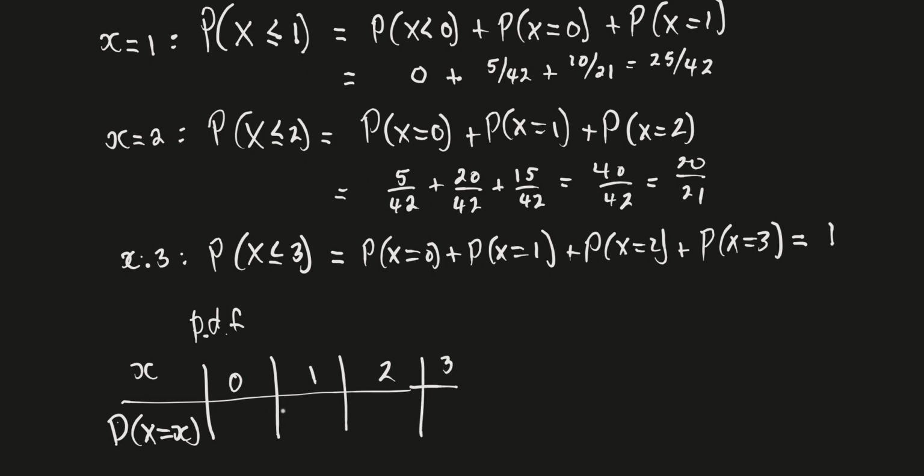And we got 5 out of 42, 10 out of 21, and I apologize if tonight you're going to dream about these numbers because we're seeing them so many times, but you could dream about a lot worse things than numbers. And here's a CDF. Again, we can also put it in the form of a table. All we would have to do is make sure that we change that equal sign to a less than or equal to. So like this.